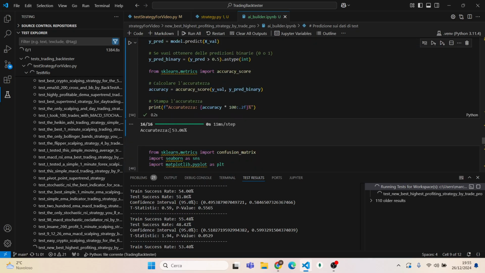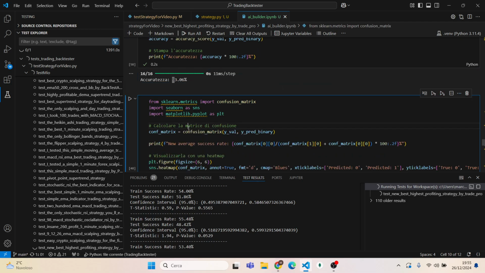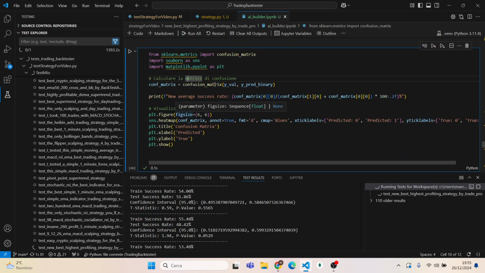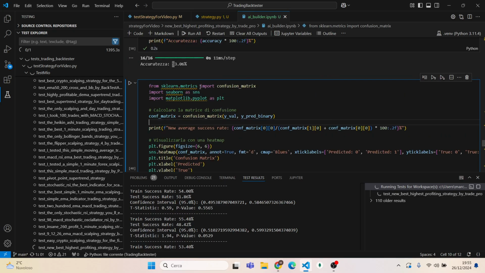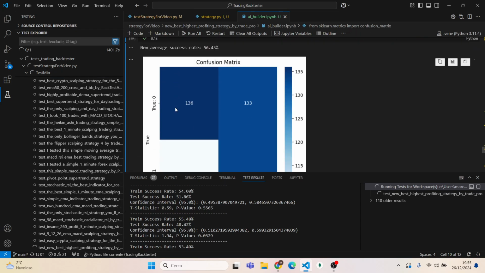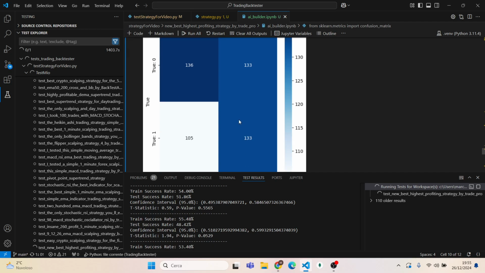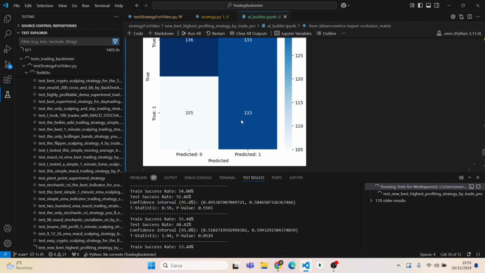First of all, as you can see, we had an accuracy of 53.06. And now let's see the confusion matrix, because we are not so interested in the accuracy but in the confusion matrix. What is the confusion matrix? Let me show you. As you can see, the confusion matrix tells us what.